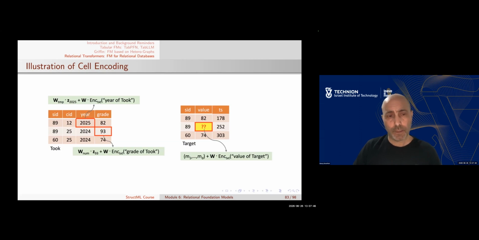Same for 93, but now we use the num weight matrix, and this one is grade of Tuk.